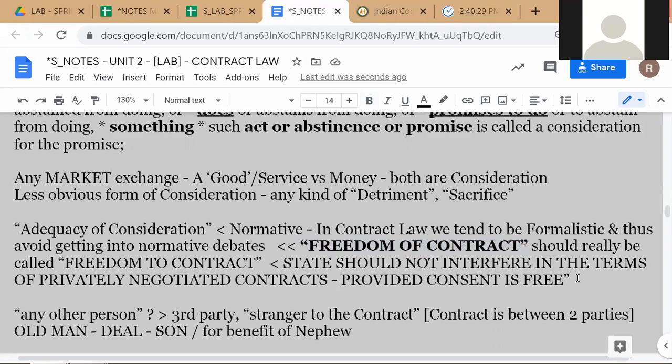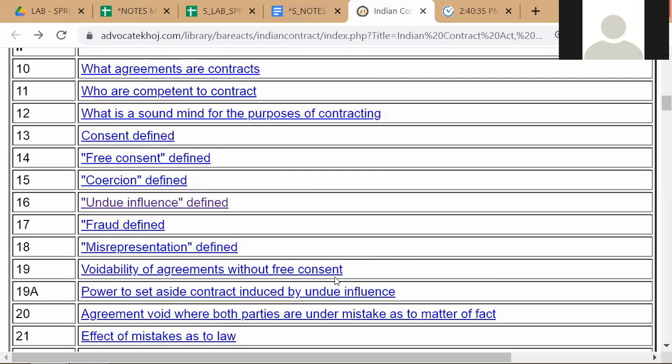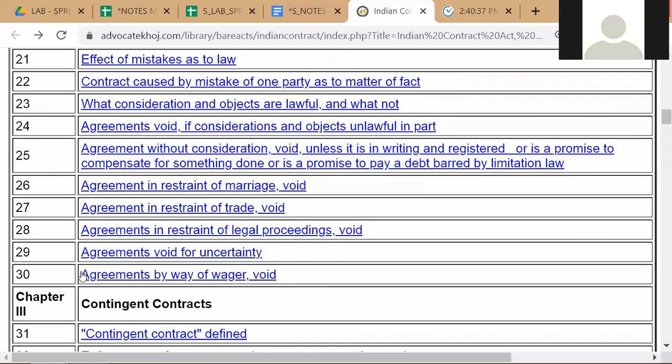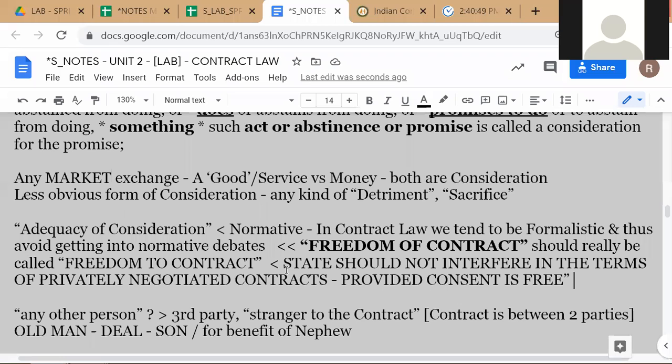Which means that, for instance, here you see, the state prohibits agreements by way of wager. That means any agreement that the state considers to be in the nature of gambling, etc. They forbid that in some of these cases, like India, we do that.